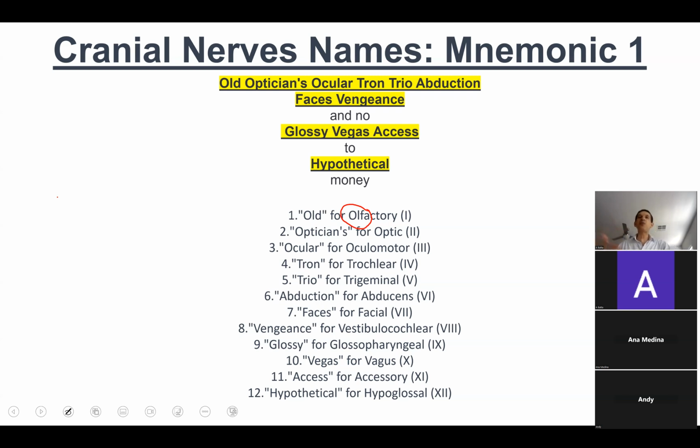Once again, after a while, you don't need mnemonics like this, but it's a good starter. So for example, optician for optic nerve, ocular for oculomotor, tron for trochlear, trio for trigeminal, abduction for abducens, faces for facial, and so on.